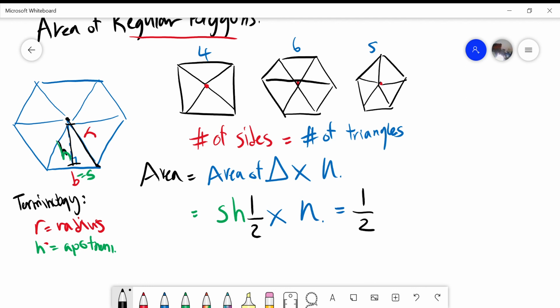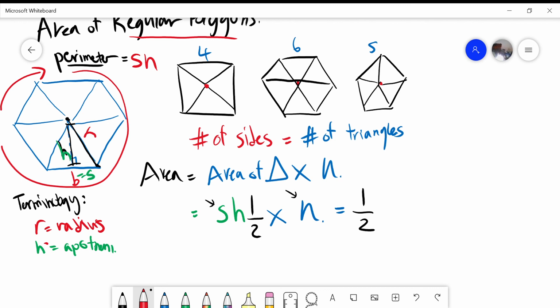Now, notice the s and the n. We know that the perimeter of a regular polygon is equal to s, which is the length of one side, times the number of sides, right? Because we're going a distance around the shape.